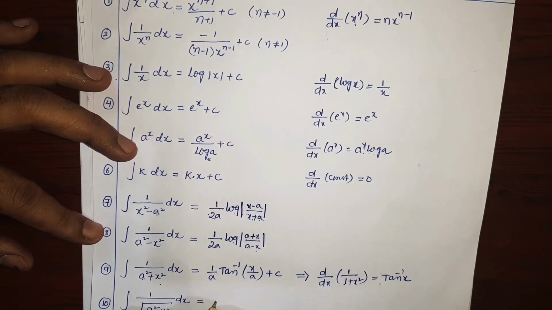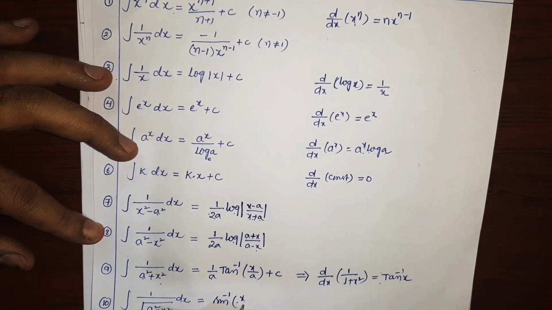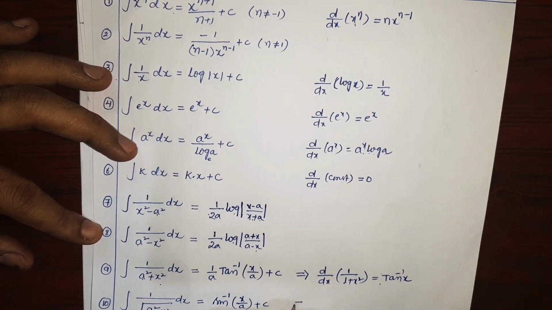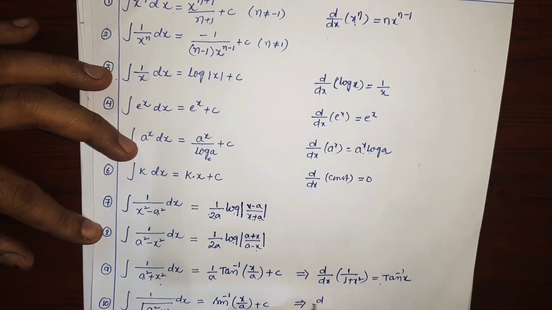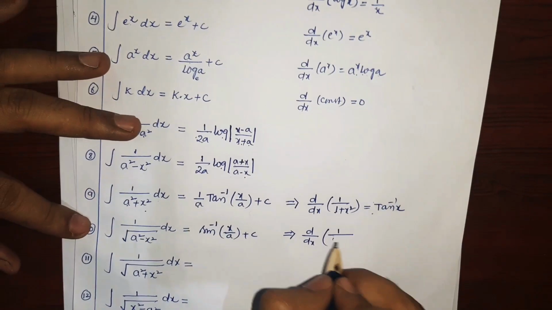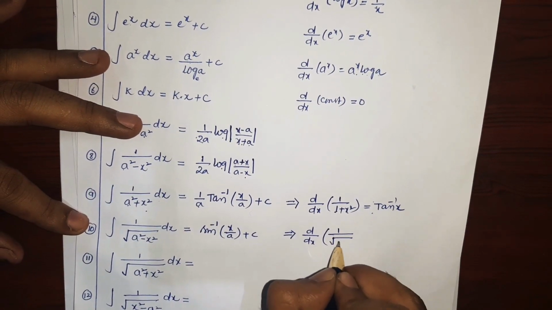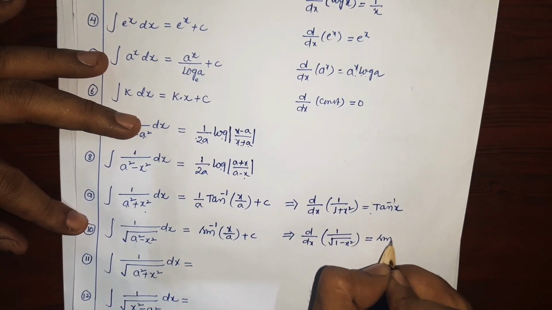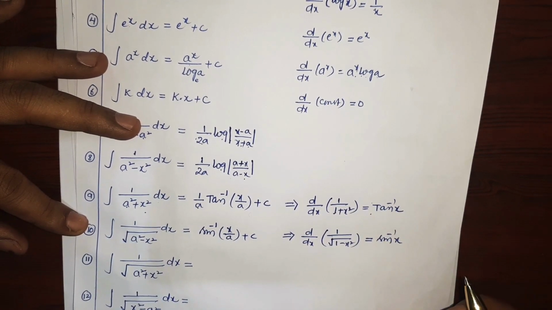This formula is also similar to the differentiation formula, sin inverse of x by a plus c. You can relate this formula to d by dx of sin inverse of x, which is 1 by under root of 1 minus x square.